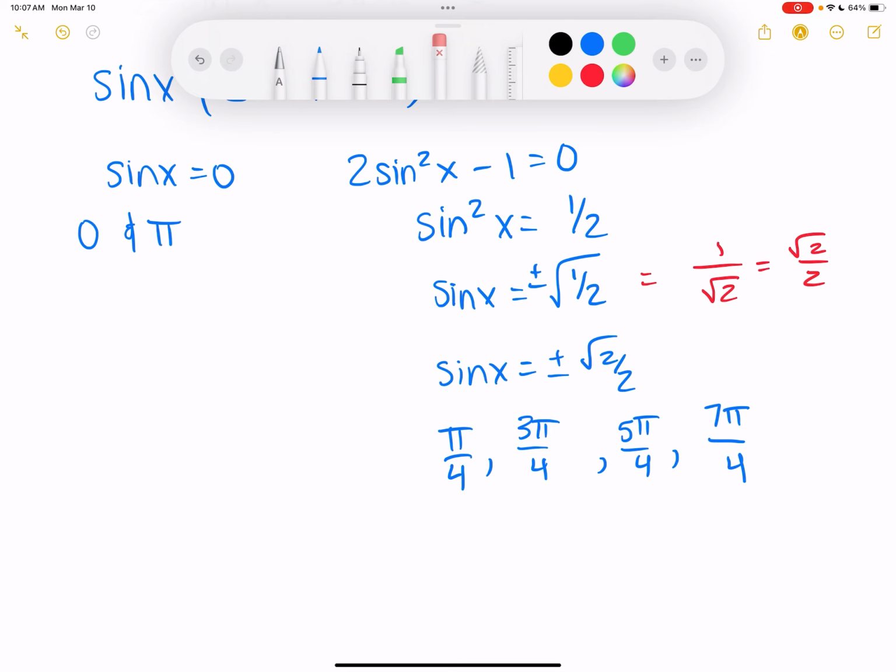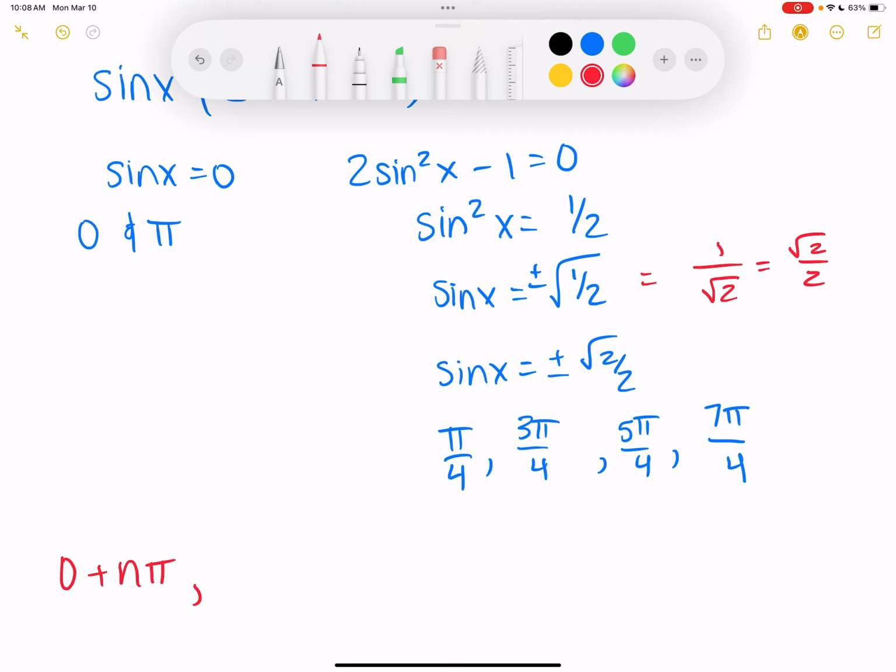So I just need this first one, and I'm going to do it in increments of n pi. This one is not following the rule because these are a different kind of equation. So the general solution here, one of them, would be 0 plus n pi.